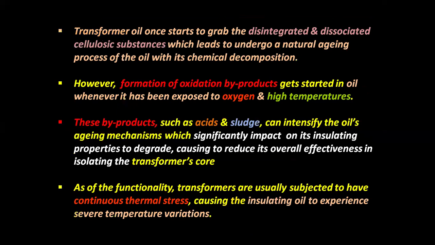Transformer oil starts to grab the disintegrated and dissociated cellulose substances, which leads to a natural aging process of the oil with its chemical decomposition. Formation of oxidation byproducts starts in oil whenever it is exposed to oxygen and high temperatures.